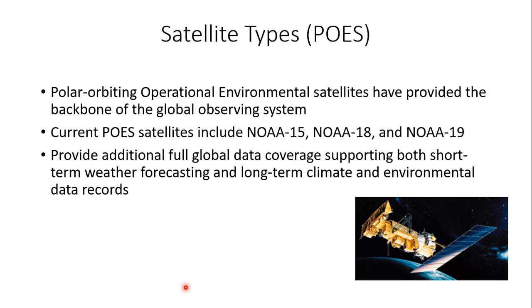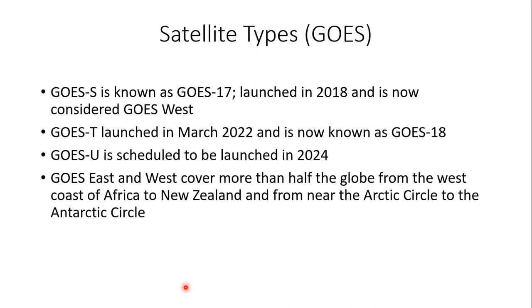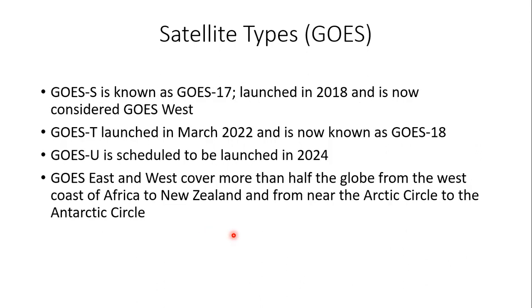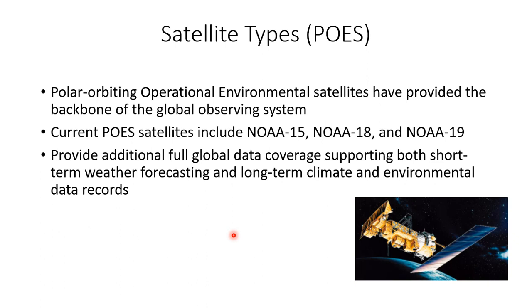Another thing I want to mention before I move on to the different types of satellite imagery: polar orbiters tend to have a much lower orbit closer to Earth's surface as compared to those geostationary satellites. So geostationary satellites, as I mentioned, are 22,236 miles above the Earth at the equator. And the polar orbiters, I don't have the exact number in today's training, but they tend to be much closer and lower in their orbit.